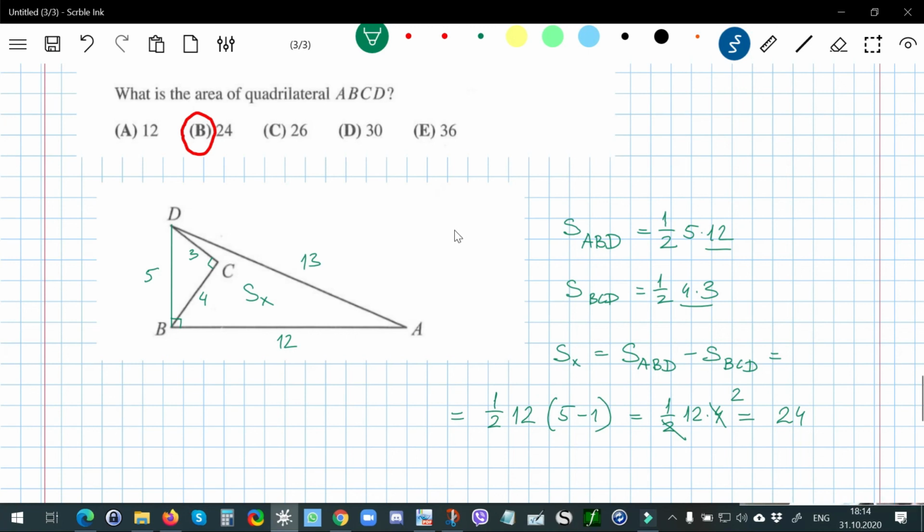And if you remember them, you see there are 2 triples which you have to know. That's 4, 3, 5 and 5, 12, 13. If you remember them, it would take me 30 seconds to calculate on a piece of scratch paper. And there are other problems like that.